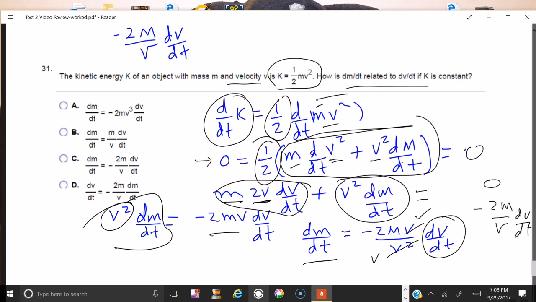So that relationship is given here in C. dm/dt is minus 2m over v dv/dt. And all this is done using implicit differentiation.